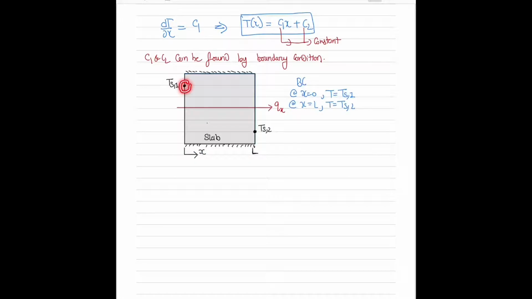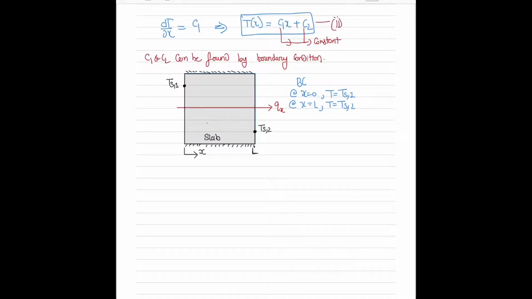So at x equal to 0 we have Ts1, and at x equal to L we have a Ts2 temperature condition.